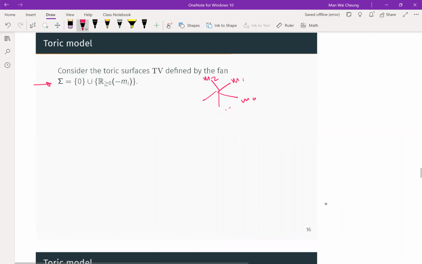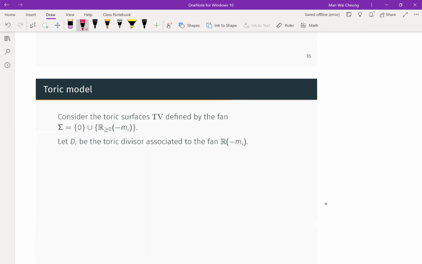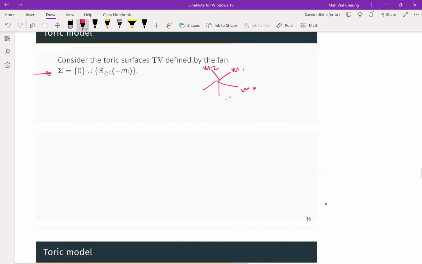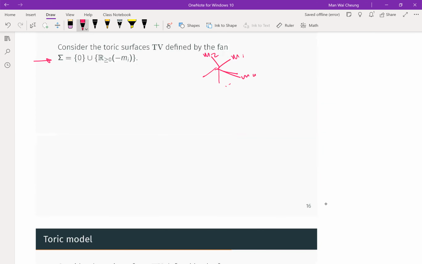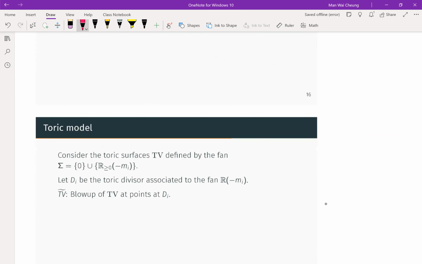And then here we have a fan. Let us assume it is complete. It doesn't really matter if it's complete or not, but let us assume this is complete. And then we look at this toric surface, and to each wall here corresponds a divisor. So we have the divisor, and then what we do is the same thing, like we'll repeat the same thing as in the beginning.